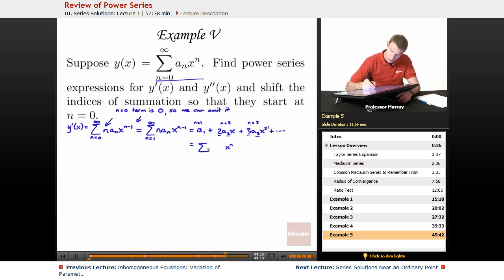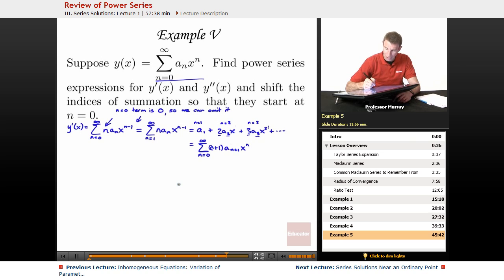So what I'm going to do is I'm going to put n plus 1, a sub n plus 1, x to the n. And if I do that, that'll make sense if I start at n equals 0.